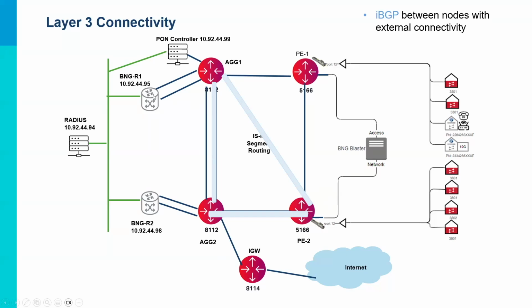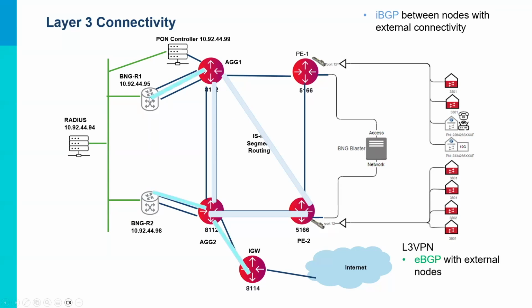So these have connectivity to the routes on UP 1 or 2, and these have internet connectivity to the routes on UP 2. Here we have internet connectivity to a BNG blaster. It's a test set that we're using to generate lots of IPoE and PPPoE subscribers. And this is the network interface for that. Because PE1 doesn't have any internet connectivity, it's not participating in the iBGP connections.